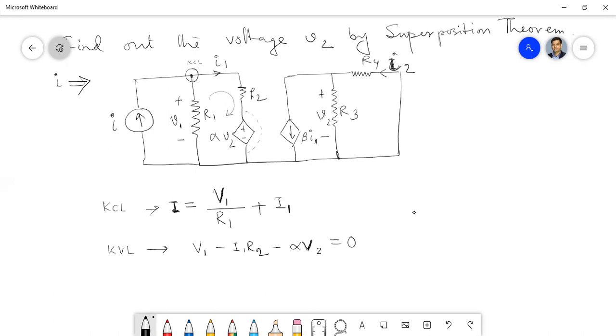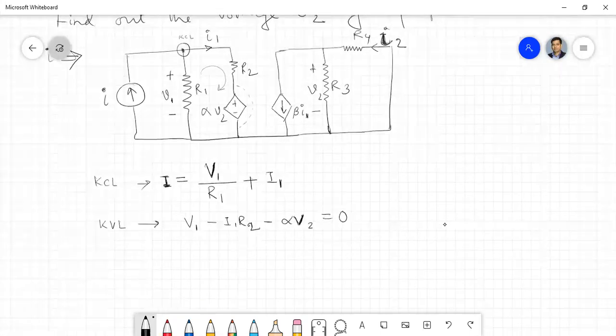Okay, now in the right half, you go to the right half. There what you can write by using KVL or KCL, whatever you can use. KVL is simpler because here you can go for the source transformation as well.